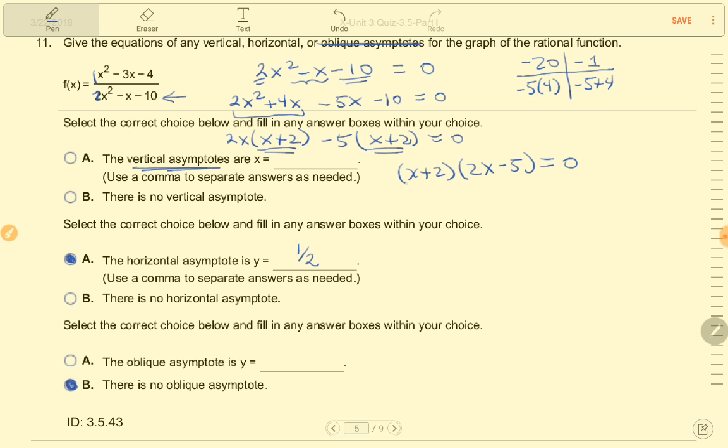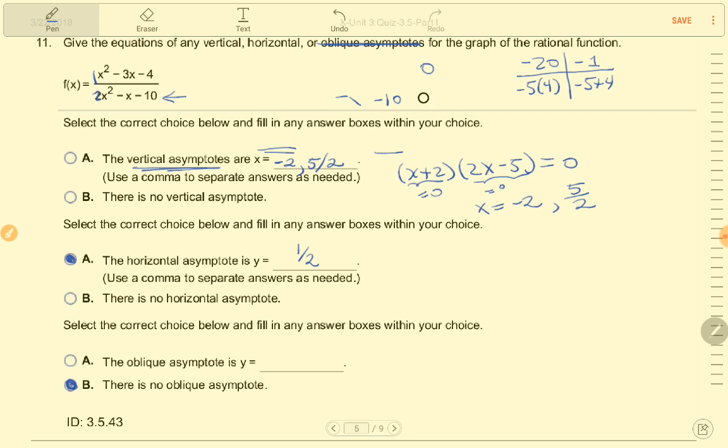And so if I set each one of these equal to 0 and solve for x, I'll get x equals -2 and positive 5/2, which means that I have vertical asymptotes at those values, because those would be the ones that the function would not be able to cross. All right, so those are my final answers there, -2 and 5/2.